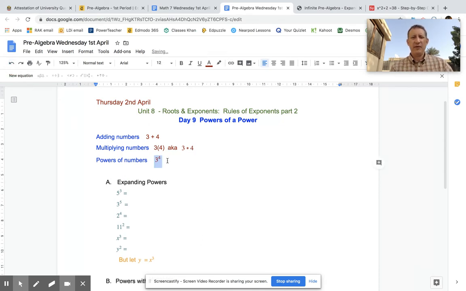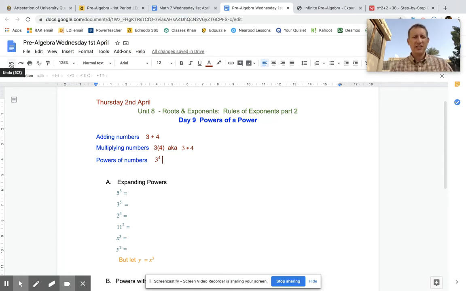And now we've reviewed and we know what it means to take the power of a number. 3 to the 4th power means I'm going to take 3 and multiply it by itself 4 times. 3 times, and then 3 times again, and then 3 times again, and then 3 times one more time. That's 3 to the 4th power.